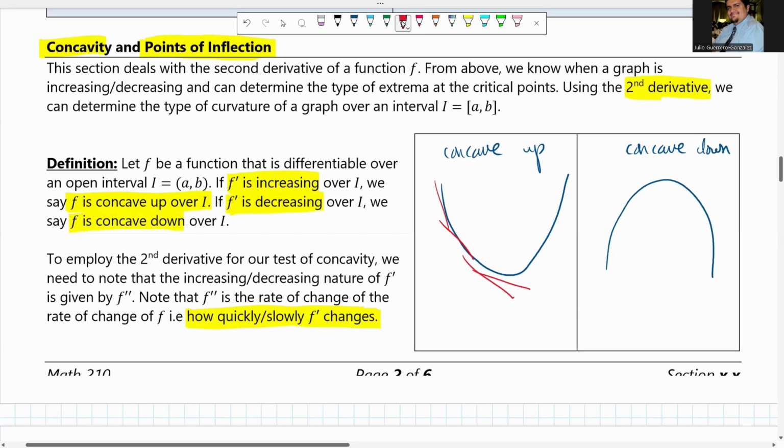But look at what happens as we go along, right? So here, these are steep, right? Over here, they're less steep. Over here, they're still negative, but almost flat. So they are going from big negative to small negative.